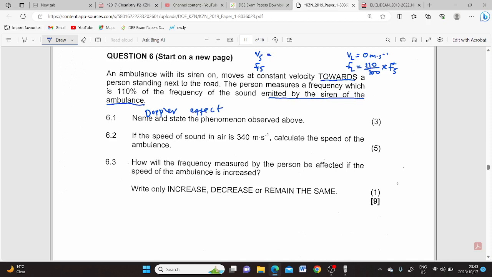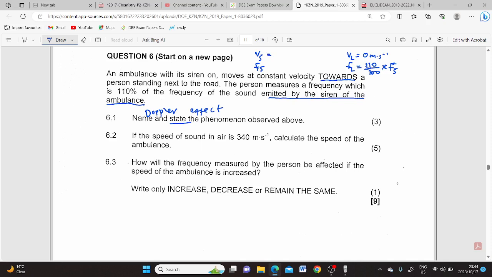Stating it, it is the change in the frequency of a sound wave when the source of the sound is moving relative to the listener.